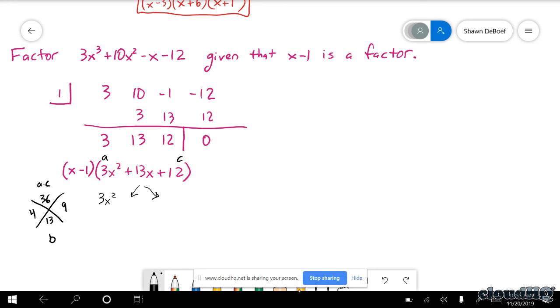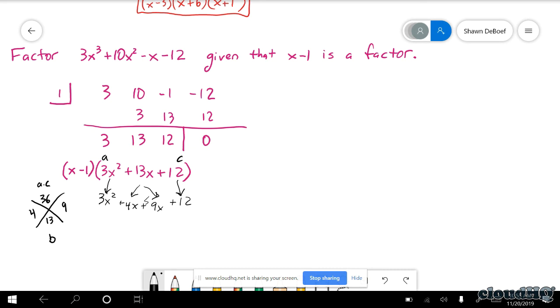We're going to break that apart into a 4x and a 9x. Both are positive. The 4 and the 9 came from that x. And then we still have the 12. So the 3x squared and the 12 stay, but we split the 13x up into 4x and 9x, based off of that x thing.